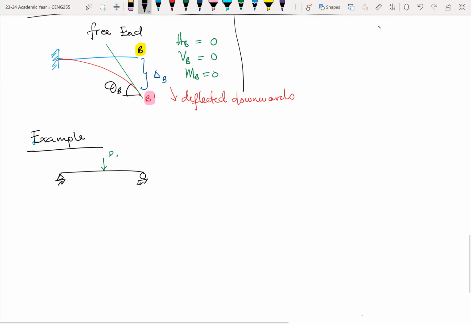So this is A and B. Let me call the point where the load is applied C, for now. Now, with time, this beam is going to deflect, something like this.